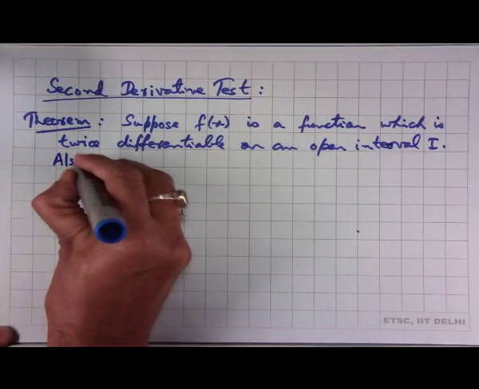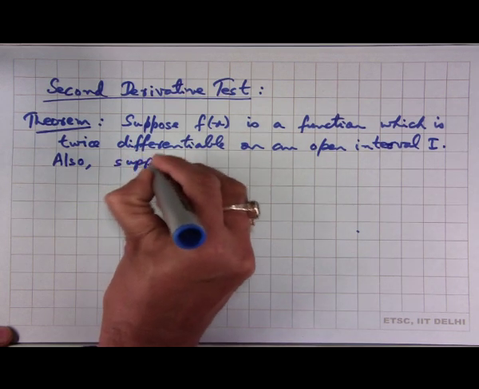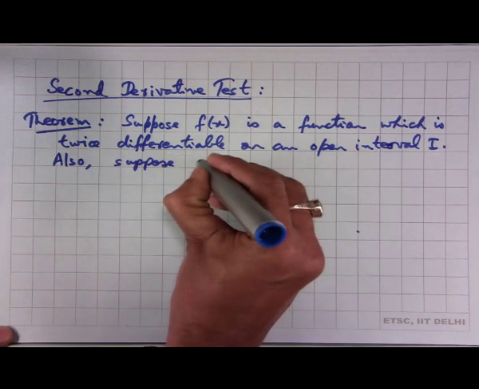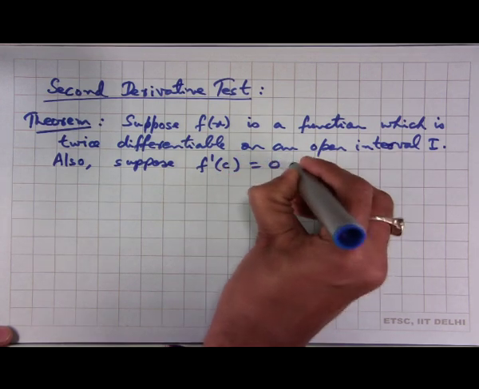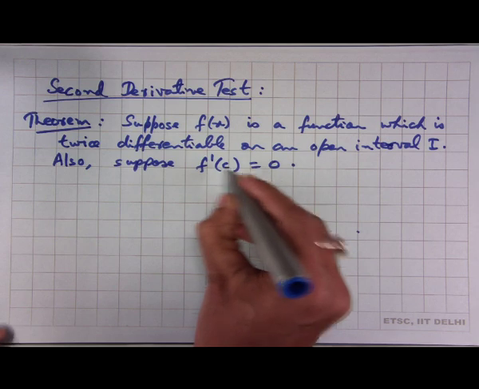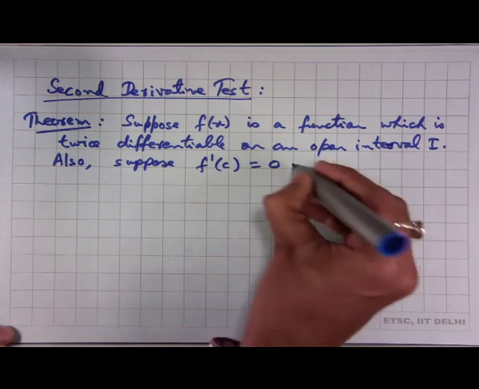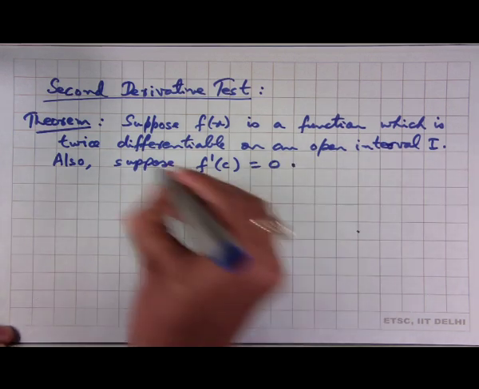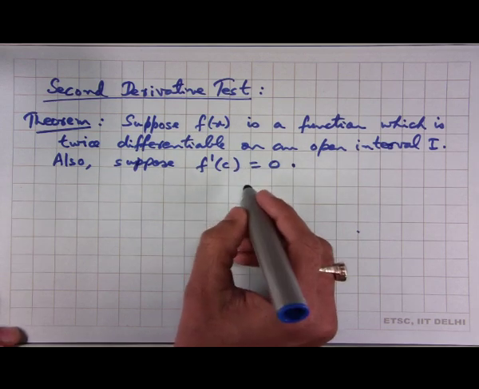Also, suppose f prime at c is equal to 0. So, we have a critical point at x equal to c. Now, we want to decide whether c is a point of local maxima, local minima or neither.